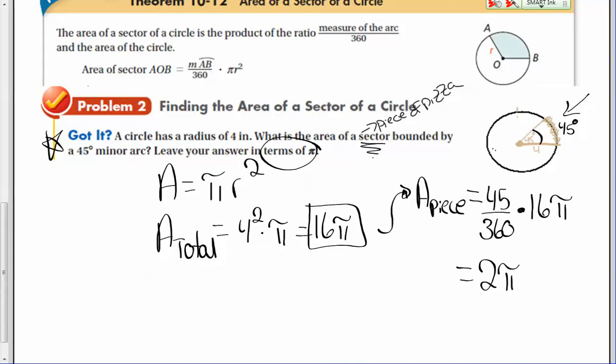And we are area inches. There we are. Inches squared. If you did push the pi button, you'd end up with about 6.28 inches squared. All right, so that's the size of my piece of pizza. If I ate 45 degrees out of the total 360 degrees in that particular pizza, that means that I would eat 2 pi inches squared of pizza.